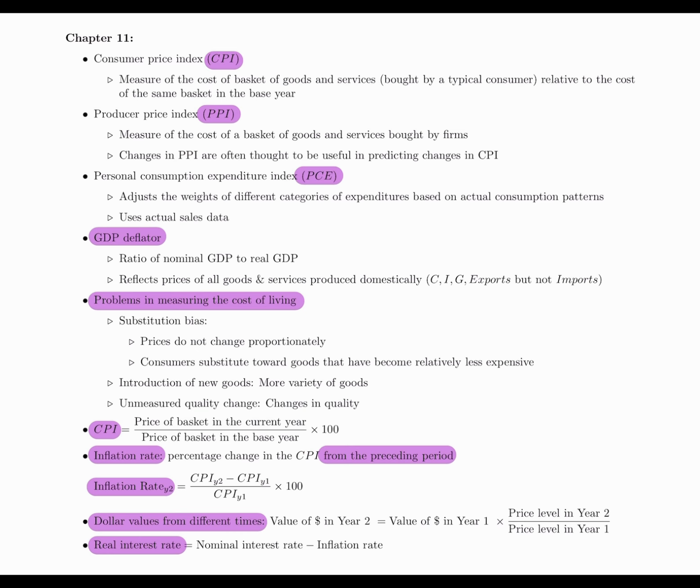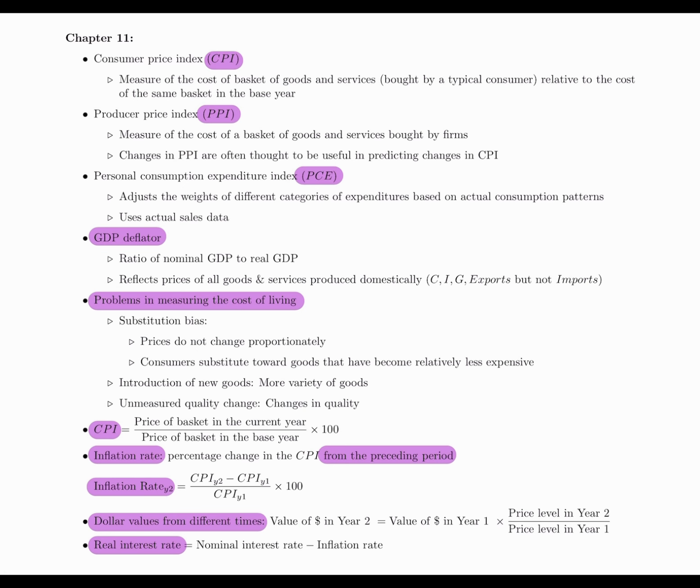Then, understand how to calculate the inflation rate, which is the percentage change in the CPI from the preceding period. Furthermore, know how to calculate the value of a dollar from different times and the difference between real interest rates and nominal interest rates.